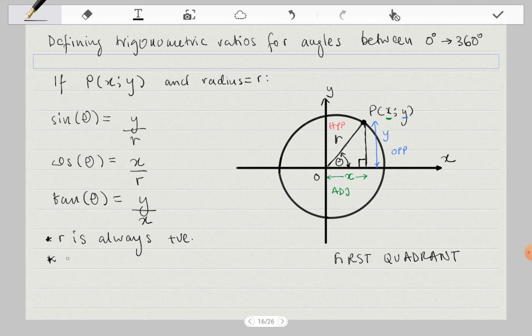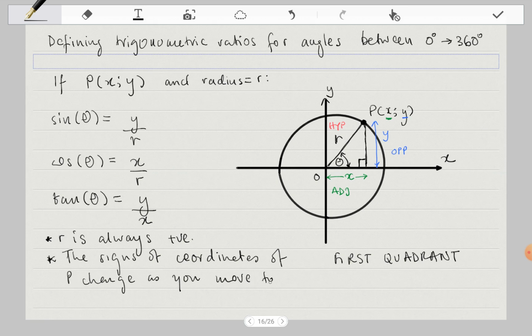We will notice that the signs of the coordinates of P change as you move to different quadrants.